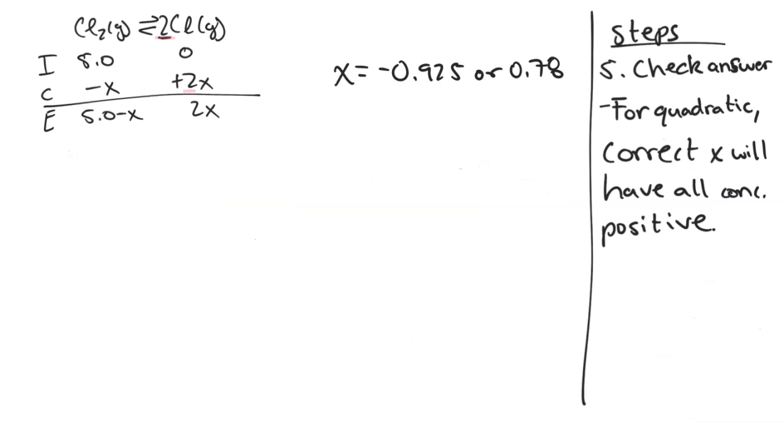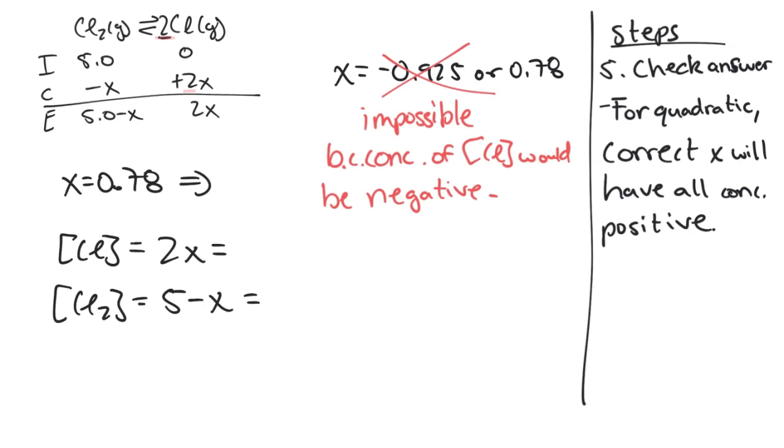Then we check our answer. In this case, the first value of x is negative, so my concentration of Cl is going to be 2 times that, an even bigger negative number. So based on that, we can say x has to be 0.78. That gives us both positive concentrations, and that's our final answer here.